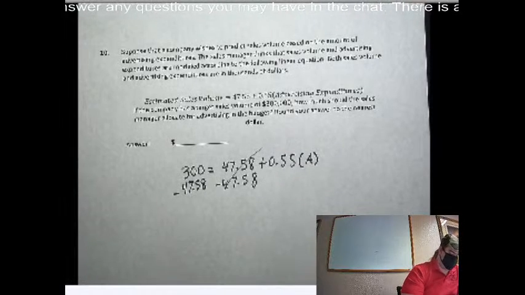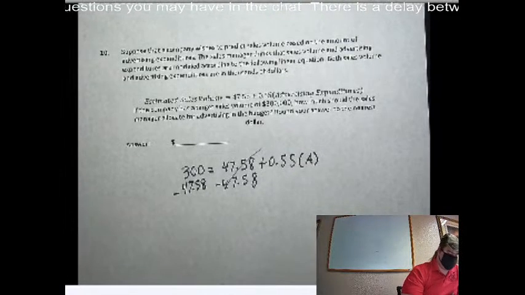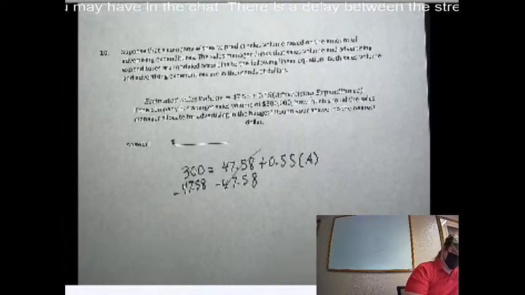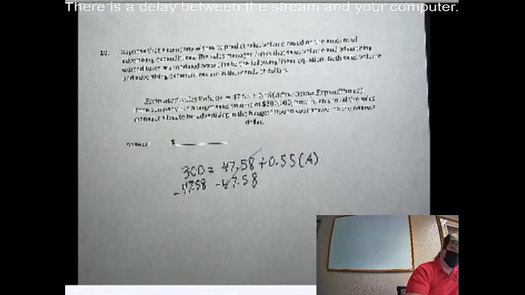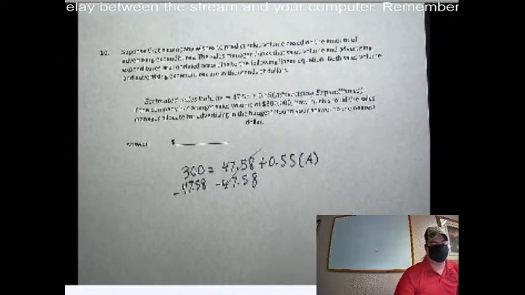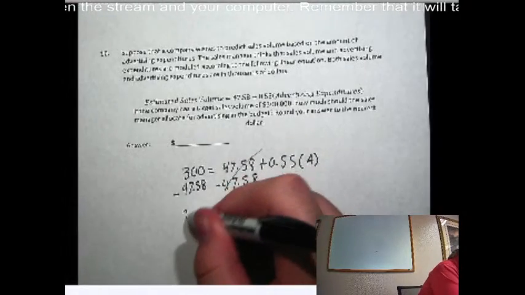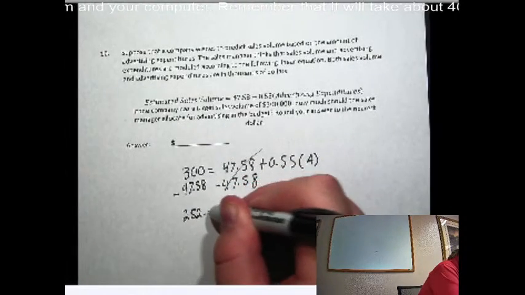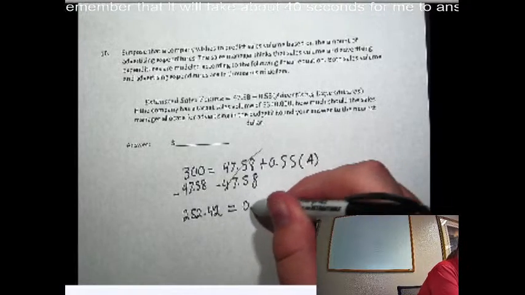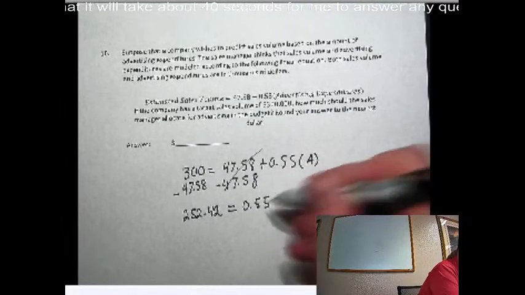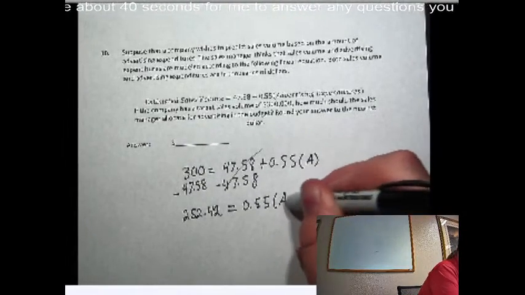Then 300 minus 47.58 gives us 252.42. Okay.